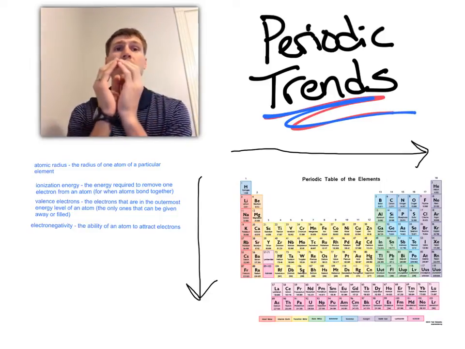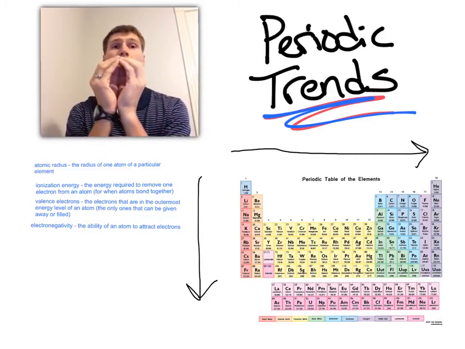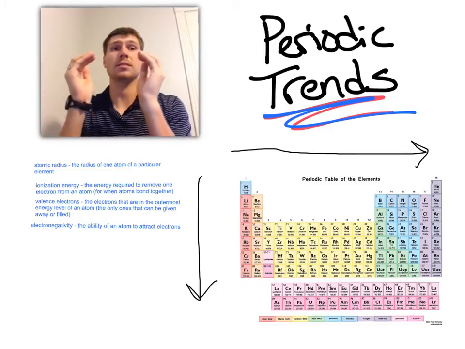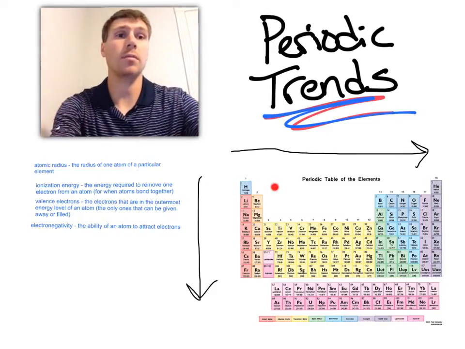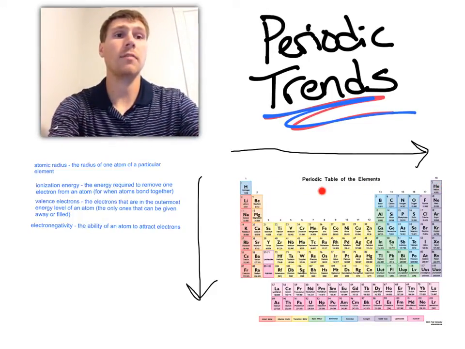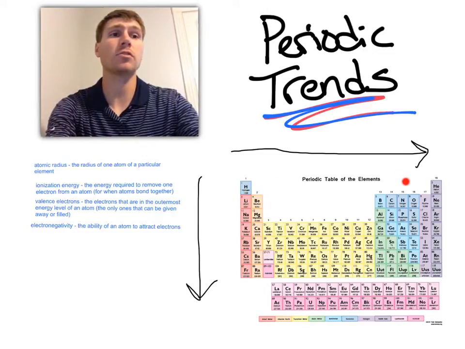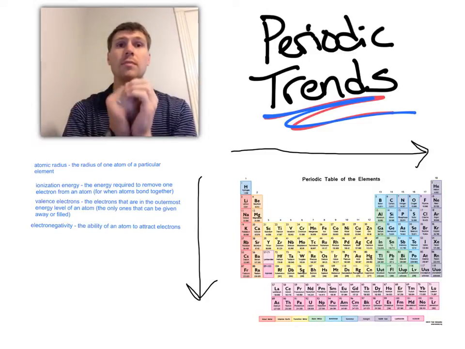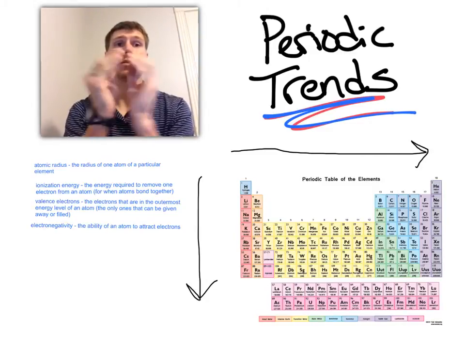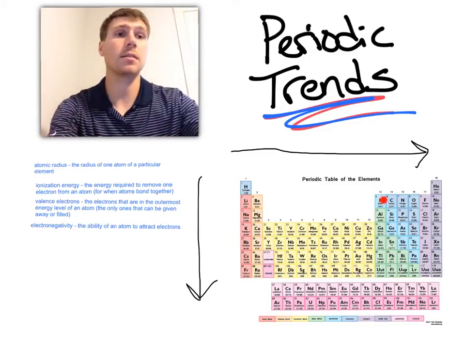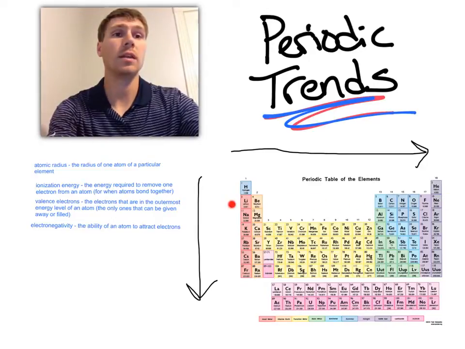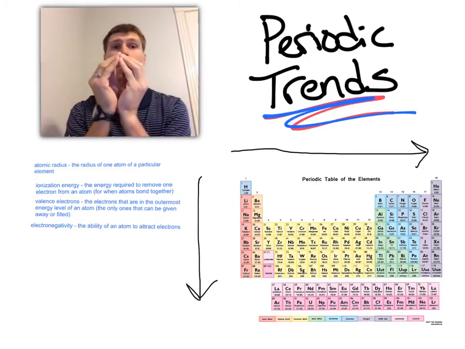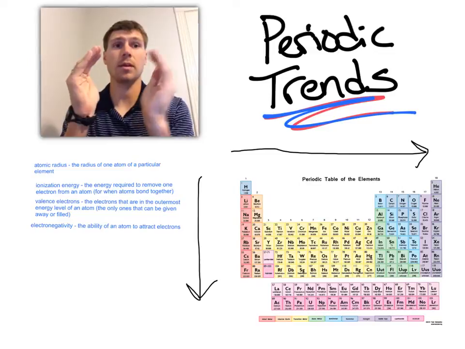And those electrons are filling our atom in different orbits. Just as a preview, if the element is in the first row up here, then it has electrons that are in only the first orbit. If something is in the second row, then it's going to have electrons that are in the first orbit and a second orbit.